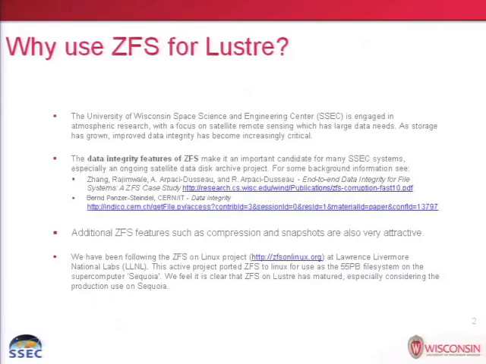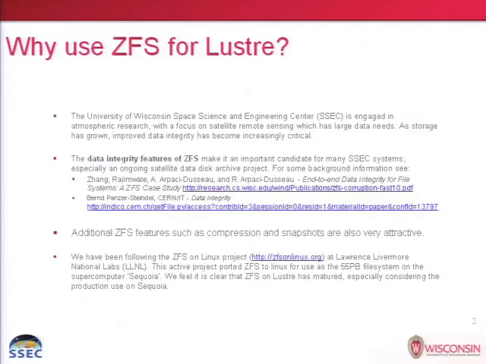We're also interested in additional features such as compression and snapshots. For example, with compression, I believe Lawrence has achieved, they turned on compression for their Sequoia file system, and I think they're at like 1.8 times, which is impressive.